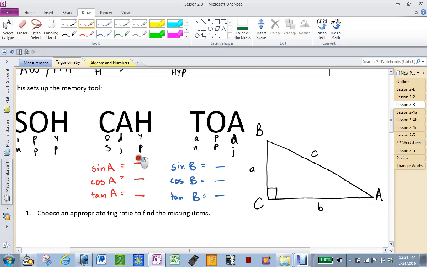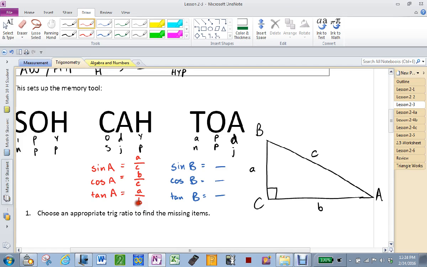Little a. And what is the hypotenuse? Little c. Good job. Way to recover. What is adjacent to A? Little b. What is the hypotenuse? C, because the hypotenuse never changes. What is opposite to A? Little a. And what is adjacent? Little b.